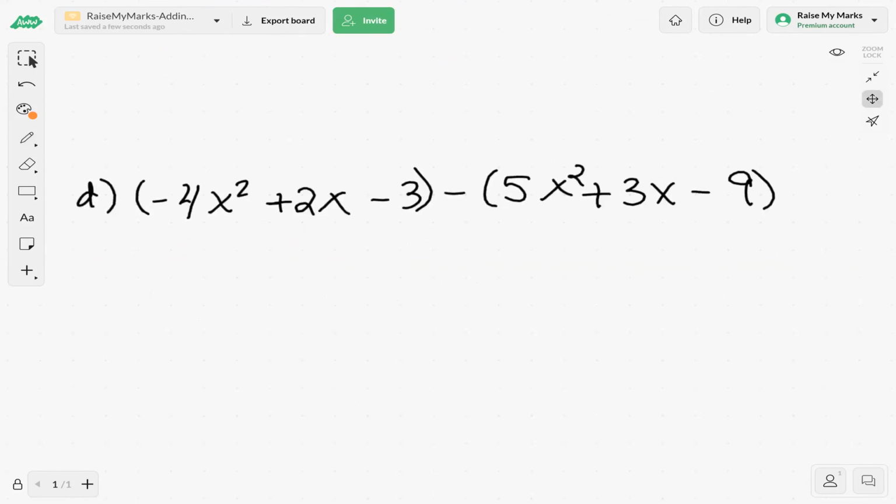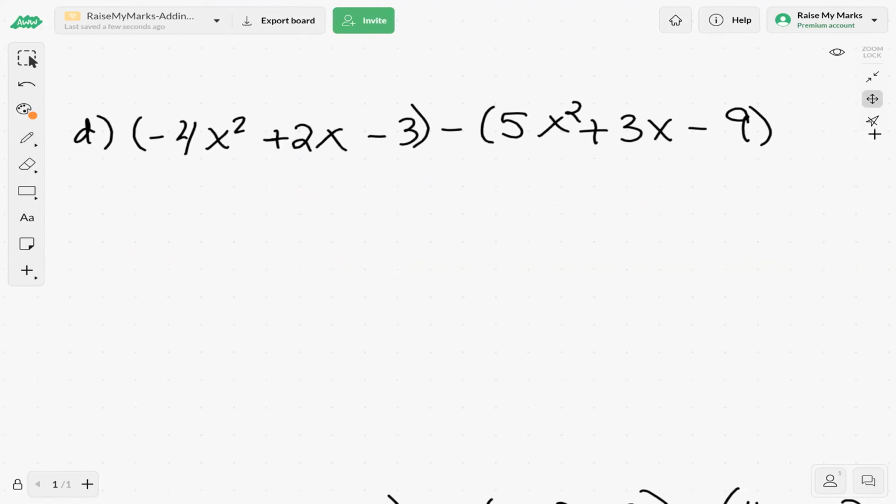All right, let's have a look at this one. So we have negative 4x squared plus 2x minus 3. That's our first polynomial minus our second polynomial, 5x squared plus 3x minus 9. Again, let's expand everything out.